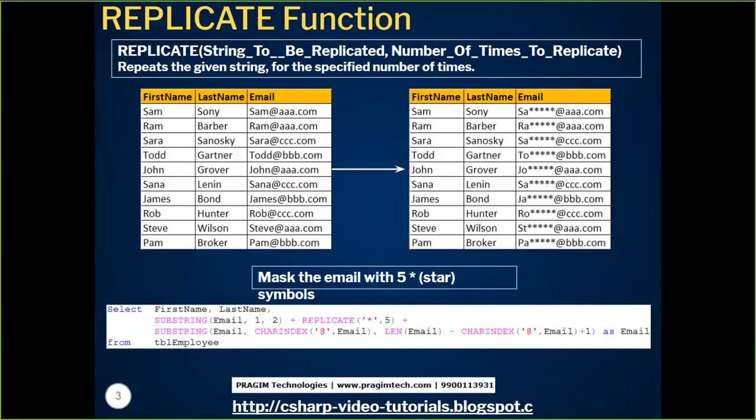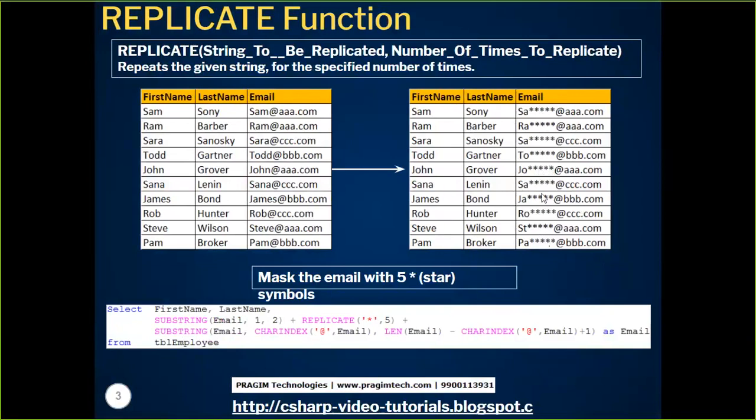The replicate function, if you take a look at this example, and you have probably seen in real life in applications, the passwords or the email names or whatever, the sensitive information might be hidden with stars, right?